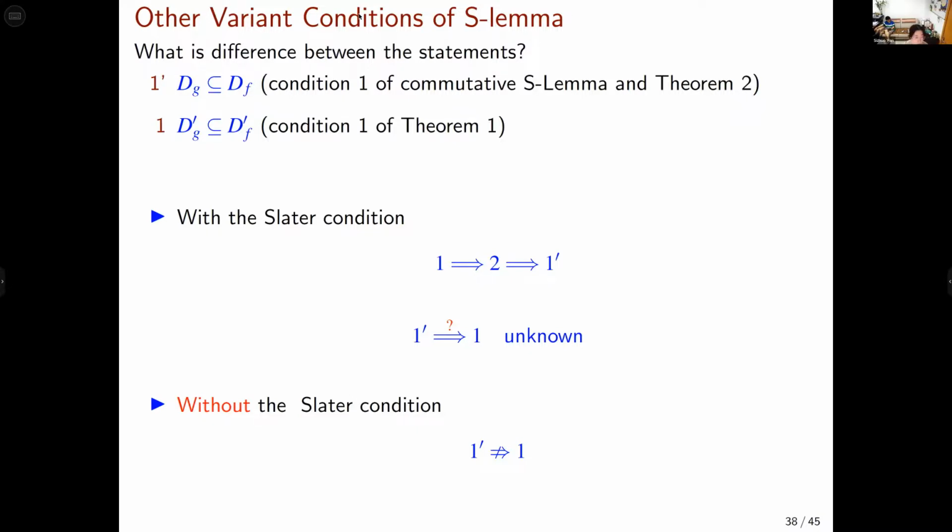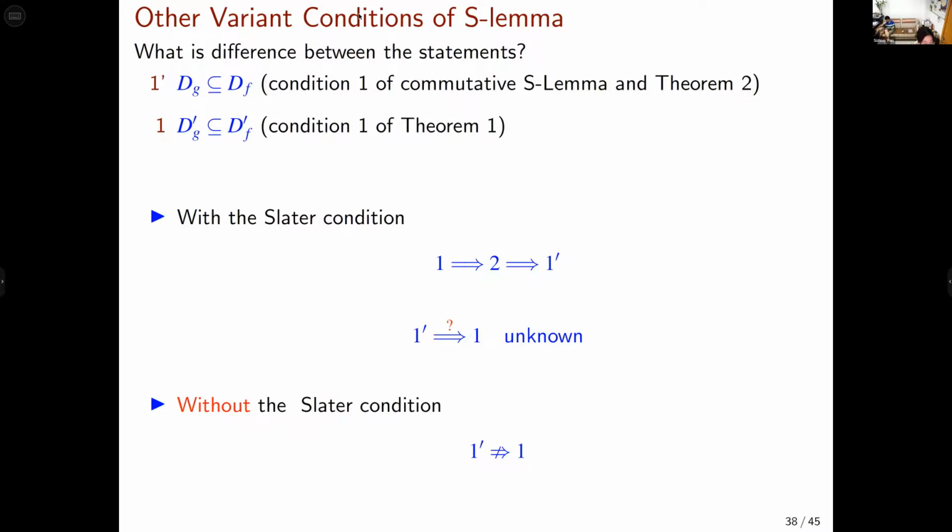So with the Slater condition, we know condition 1 implies condition 2 of theorem 1, and then implies condition 1 prime. But we don't know if condition 1 prime implies condition 1 or not.